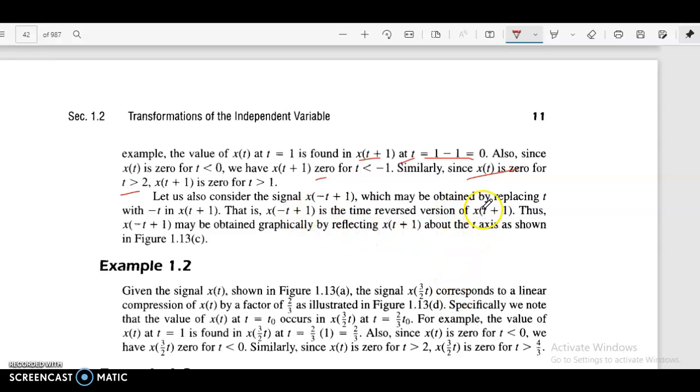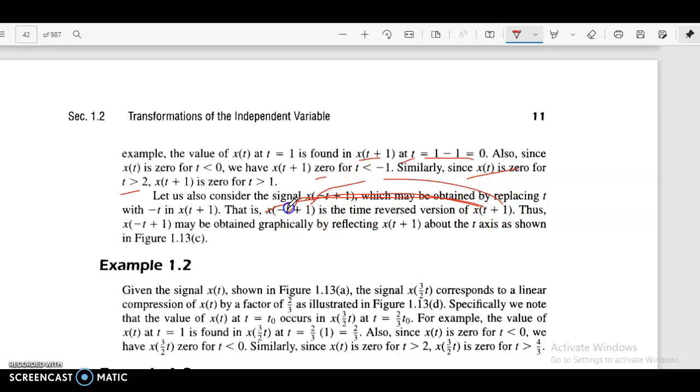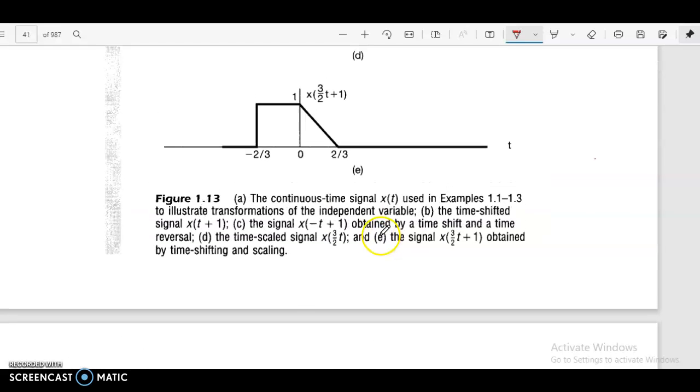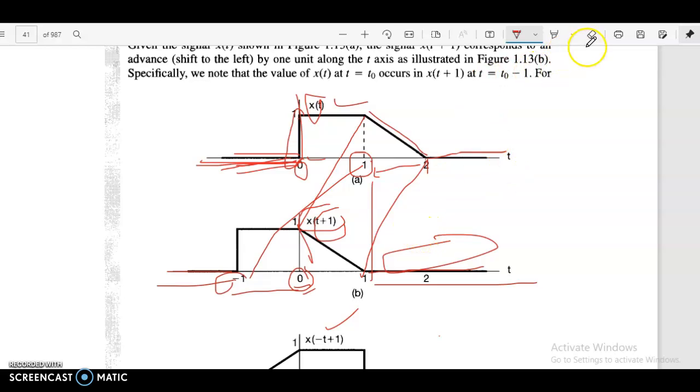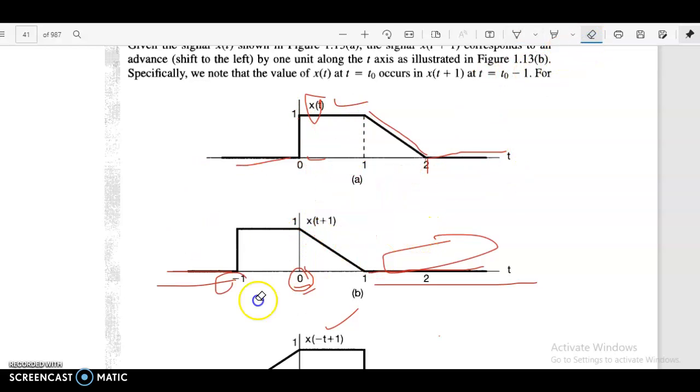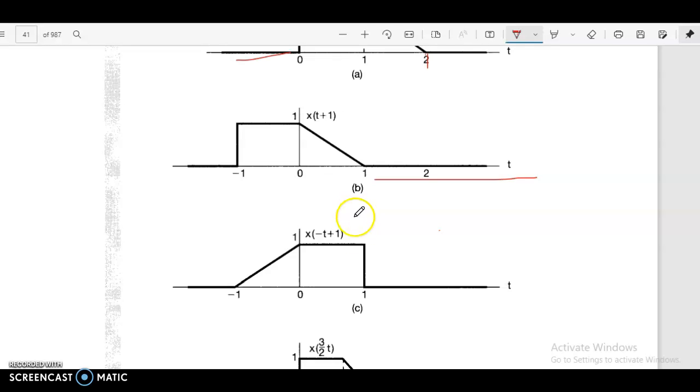Time reversed means only t is minus. Plus 1 is the same.